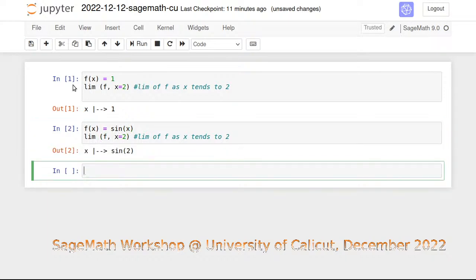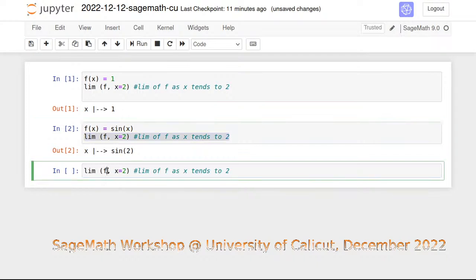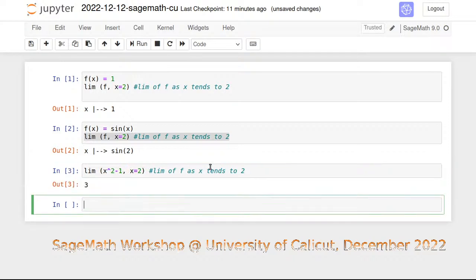This x is going to sin 2. Now one more thing I will try, a polynomial. Directly I will give it here, x^2 minus 1 at x equal to 2.